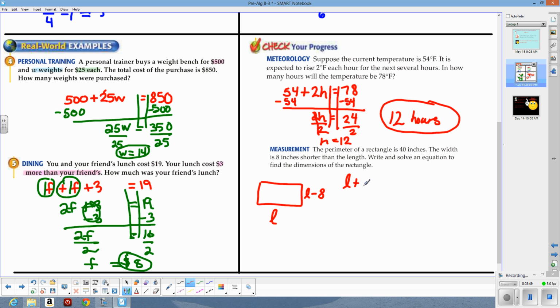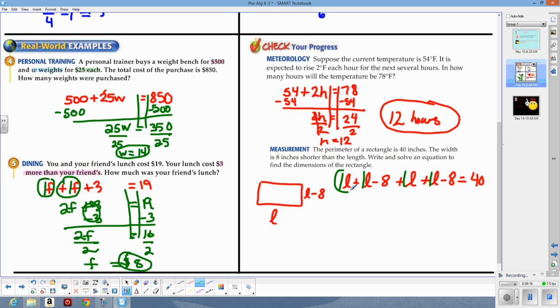plus L minus 8 plus another L plus another L minus 8. And that's going to have to equal 40. Now you may want to put 1s in front of all these L's, and then you'll want to combine like terms on the left side.